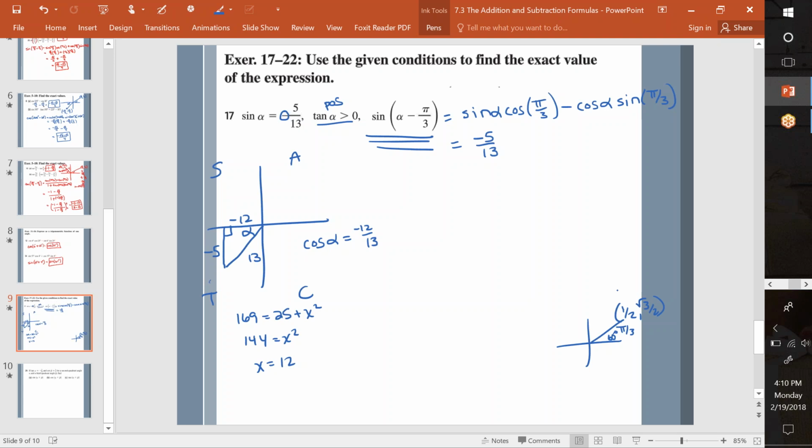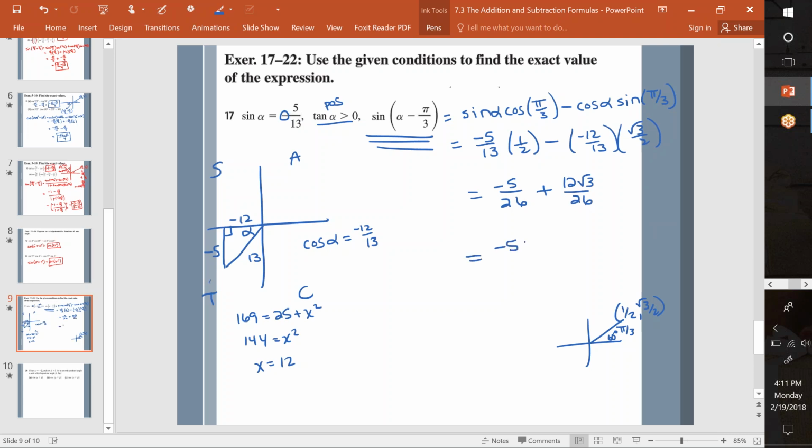So this would be 1/2 minus cosine of alpha, so that's what we needed this triangle for, which is -12 over 13. And sine of pi over 3, which is the y value here, is square root of 3 over 2. So then we multiply, this would be -5 over 26. This would be +12 square root of 3 over 26.